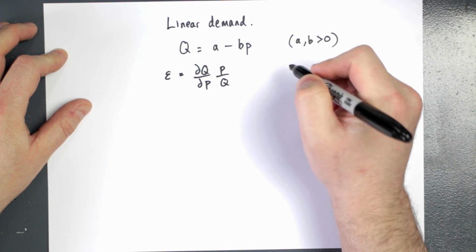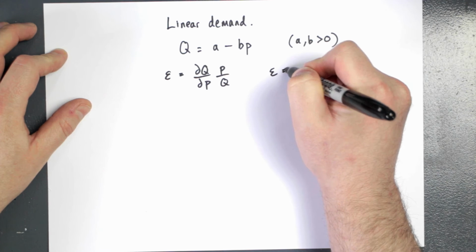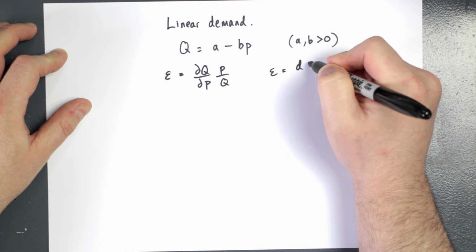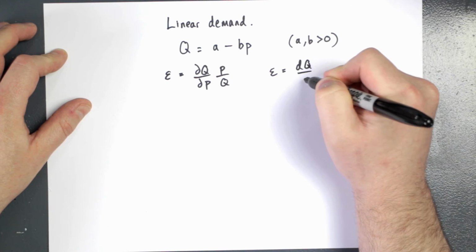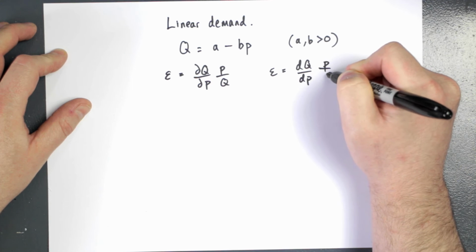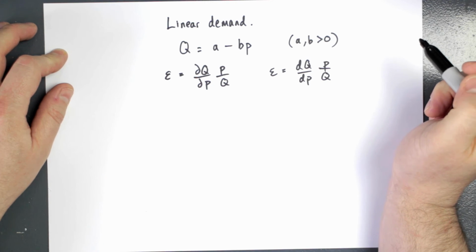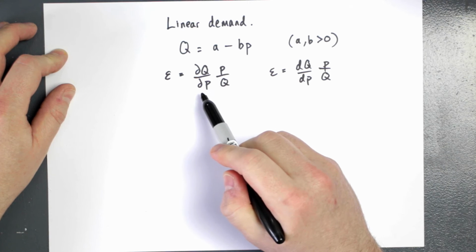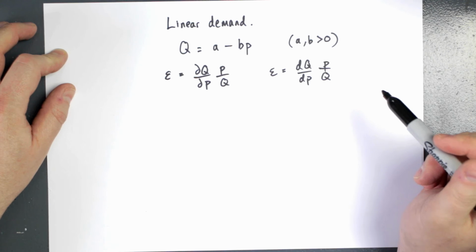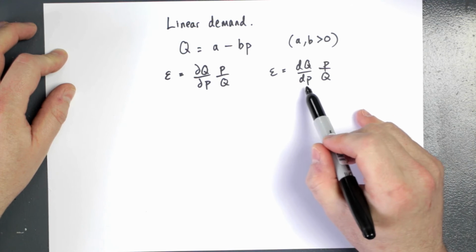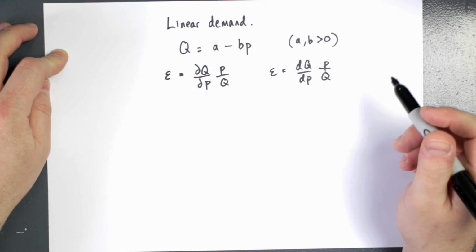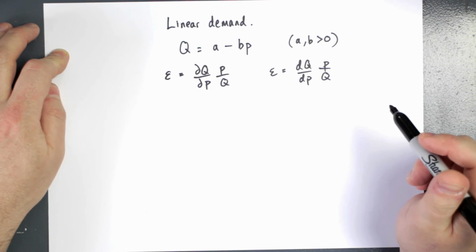So it's better really to just write the elasticity as a normal derivative. So the derivative of Q with respect to price multiplied by P over Q. In general, we use partial derivatives when the function depends on several variables. If it's a single variable, then it's better to use this notation. And you'll see why this is the case more so in your mathematics courses.